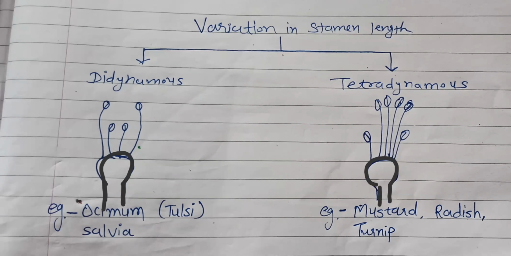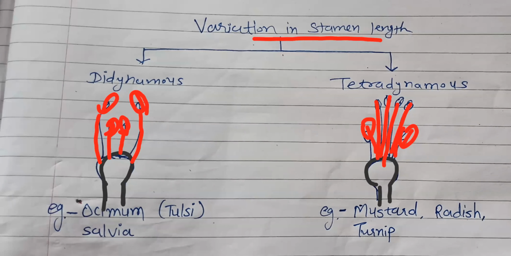But if you can make out over here, two are very small, and two are small, and two are long. Same over here, there's a difference in the length of stamens. Two are short and four are long.